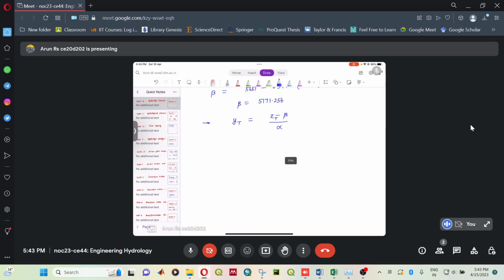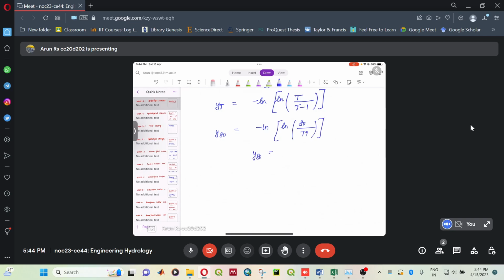So yt can be written as minus ln of ln of T divided by T minus 1. This was derived in the lecture videos. So yt is equal to minus ln of ln 80 divided by 79, which gives yt is equal to 4.375.